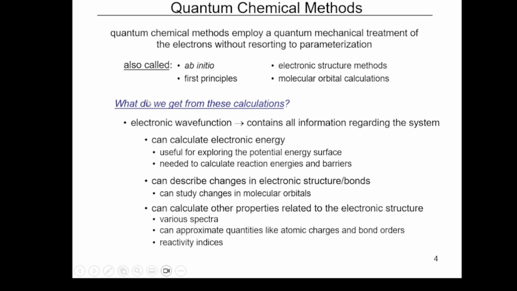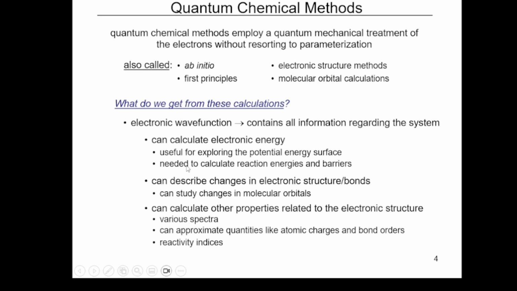The question arises, what do we get from these calculations? We know that the wave function contains all information inside it. So the electronic wave function contains all information regarding the system. It can calculate electronic energy, which can be useful for exploring the potential energy surface that we have seen in the previous lectures.